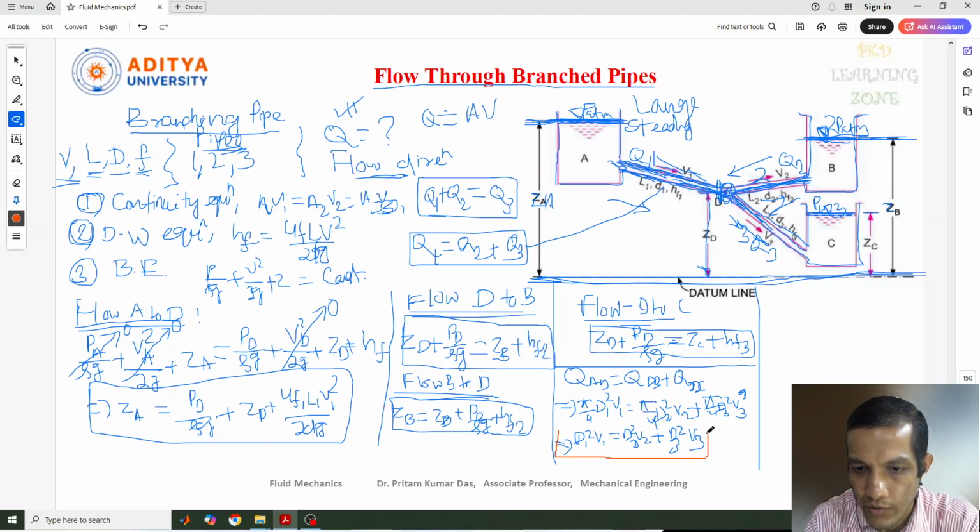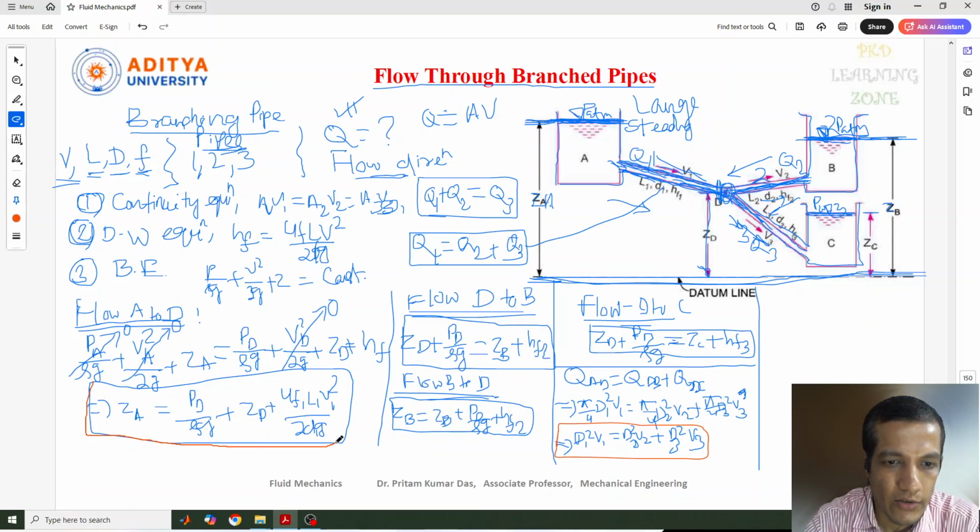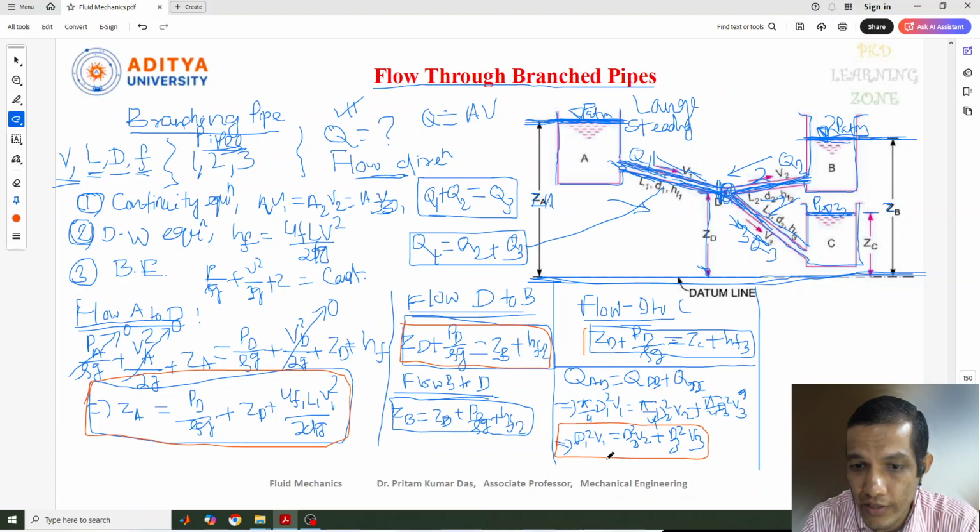So from here we can find out the things required. Now the remaining formulas, and any unknowns in the questions, we can find based on these formulas also. How many unknowns are there? v1, v2, v3.